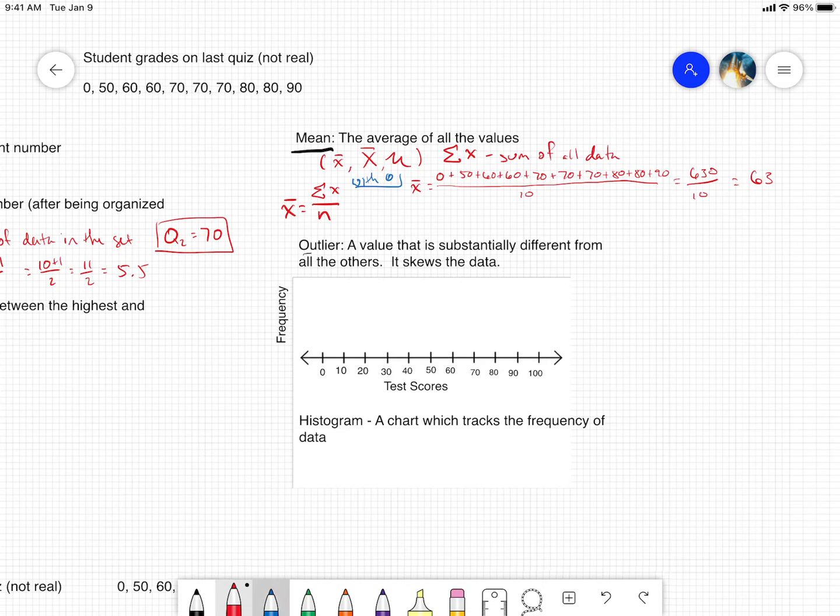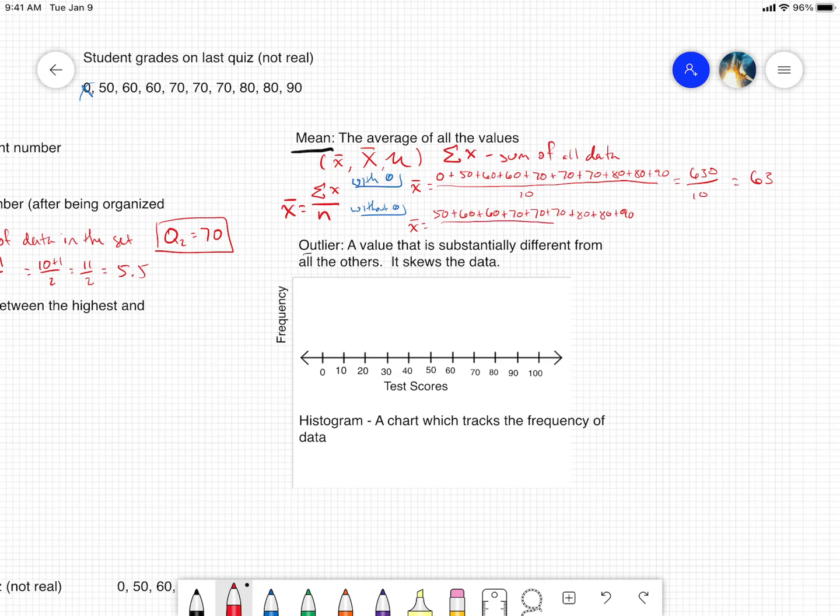Now let's look at what happens when we go without 0. If I take 0 out of this data set, then my mean is 50 plus 60 plus 60 plus 70 plus 70 plus 70 plus 80 plus 80 plus 90.